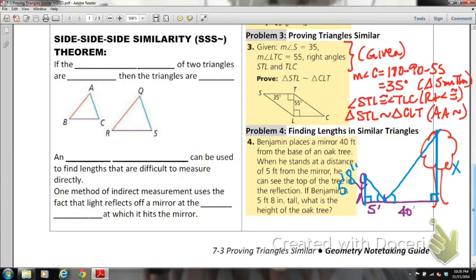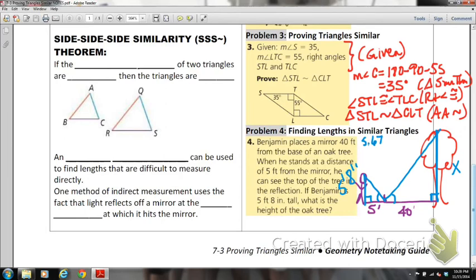One of the first things you have to do to set this up is convert 5 feet 8 inches to a decimal. If you take 8 divided by 12, because there are 12 inches in a foot, that gives you the decimal equivalent of 8 inches, and that ends up being 5.67. That's 5 feet 8 inches.